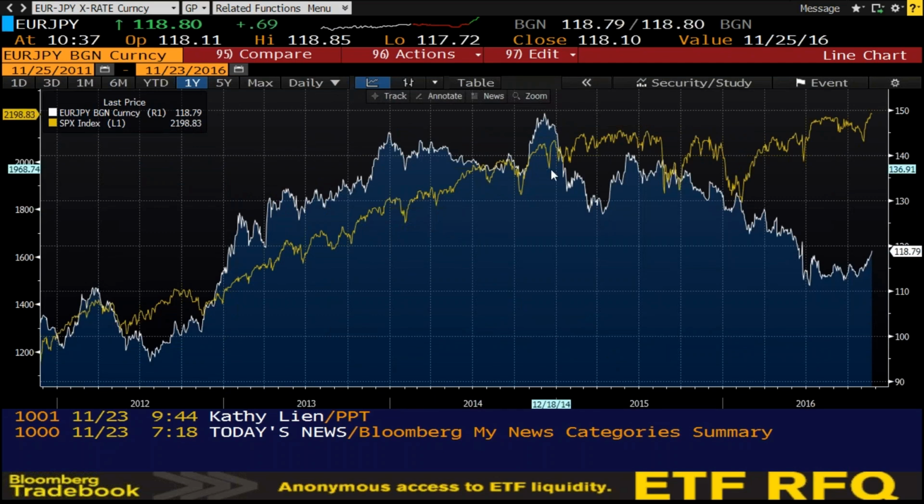What that means is that in the past and very often, when U.S. stocks rise, the pair is generally rising, and when U.S. stocks fall, it's generally falling. I think this is a very important correlation to be mindful of, even if it has been broken in recent days.